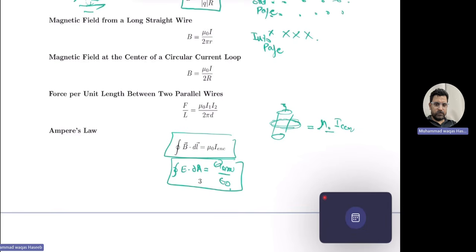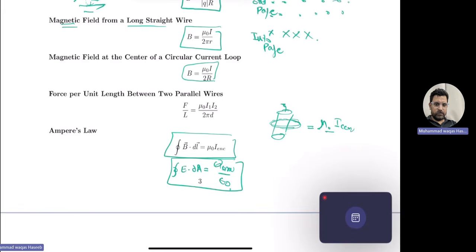If you calculate the magnetic field for a long straight wire, it is like this. The magnetic field at the center of a circular loop is mu I over 2r.